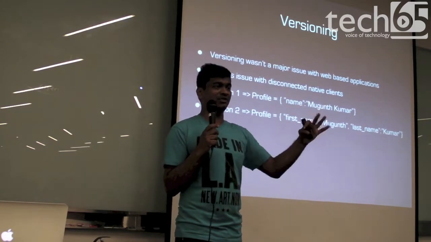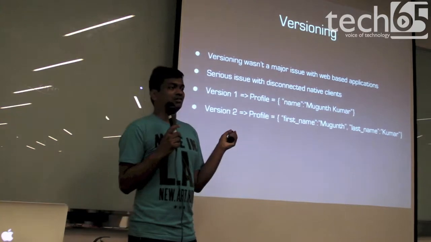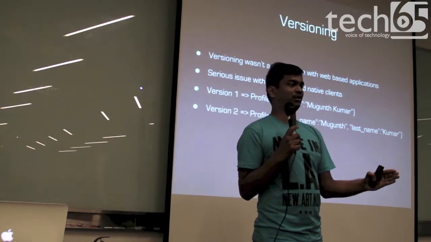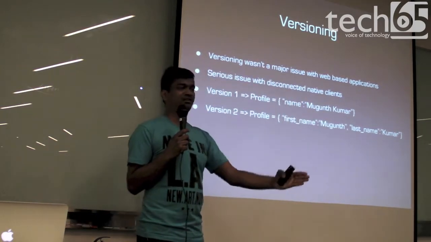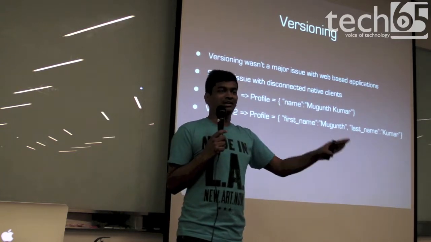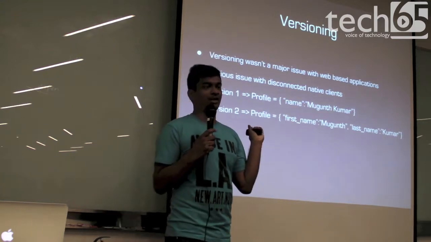You won't know why this particular key is still there, right? Which means you won't be able to deprecate your API at one point of time. Like Twitter says, from this date, I'm not going to support this API at all anymore, right? That kind of control you won't have with your API.